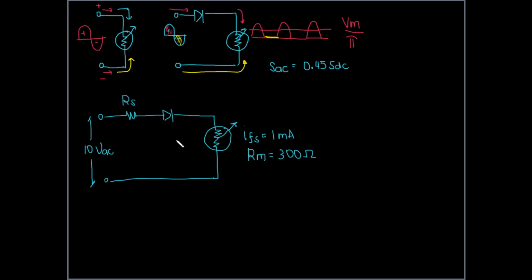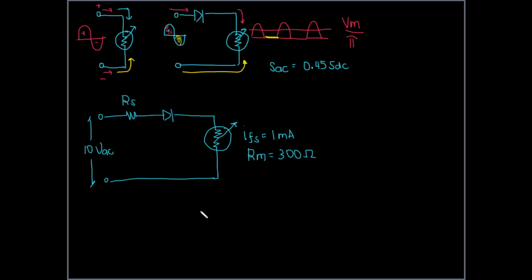Other things to consider here is that we will be taking into account a diode which probably operates ideally, such that at forward biased condition there is no forward biased resistance.